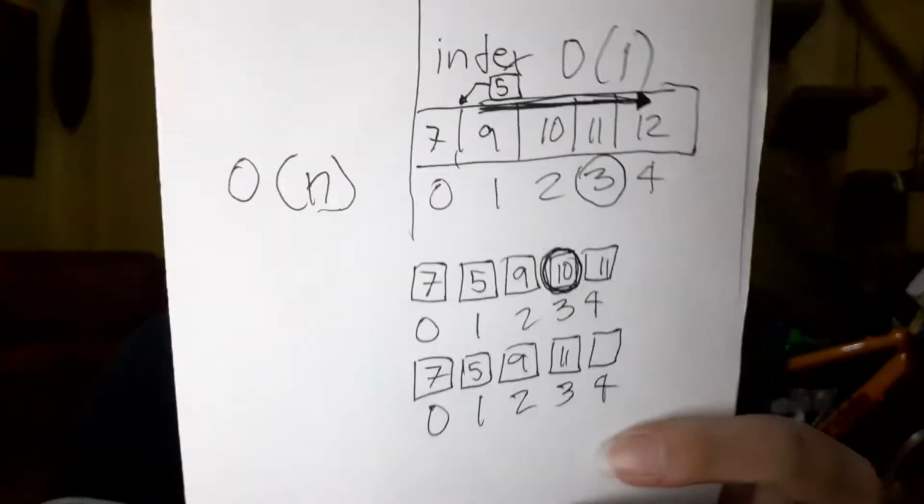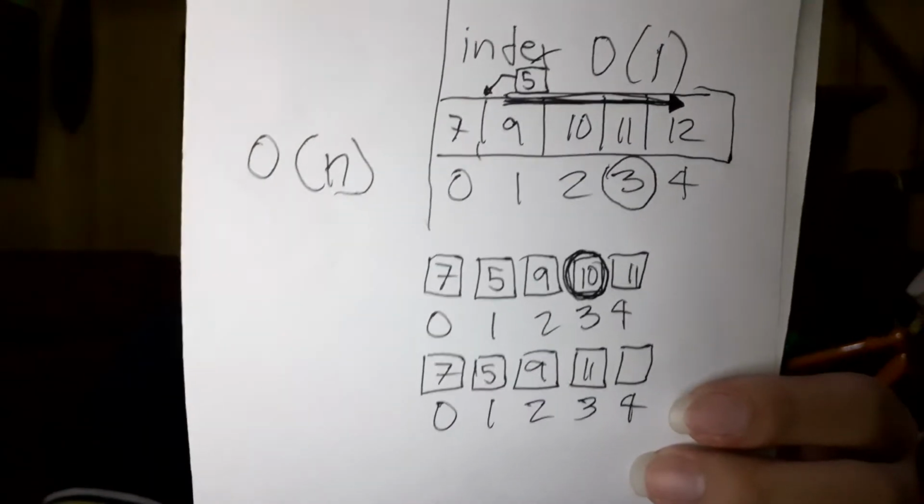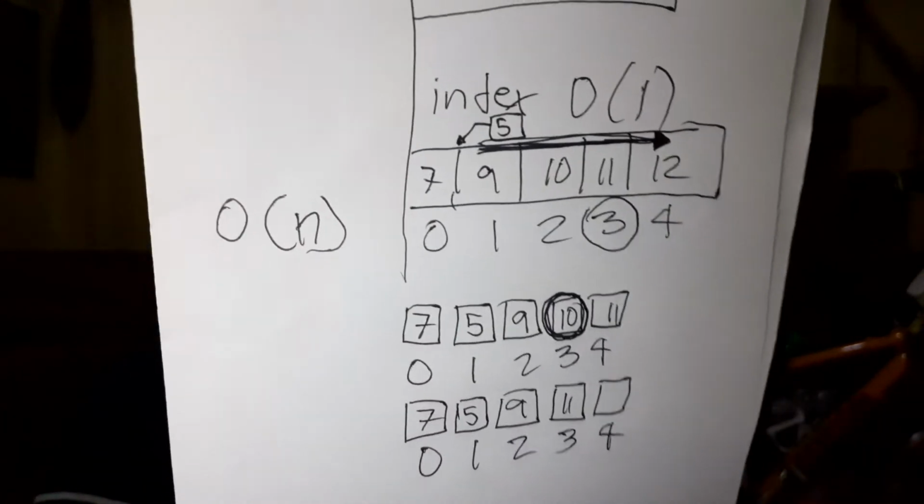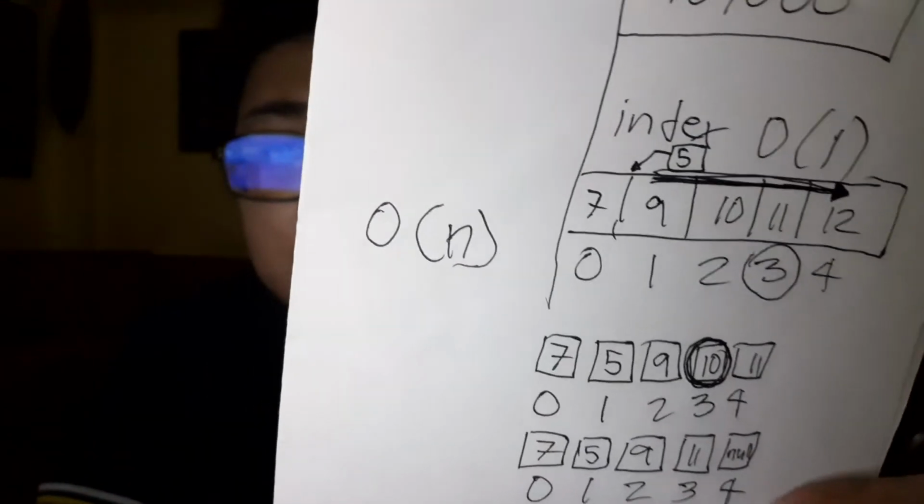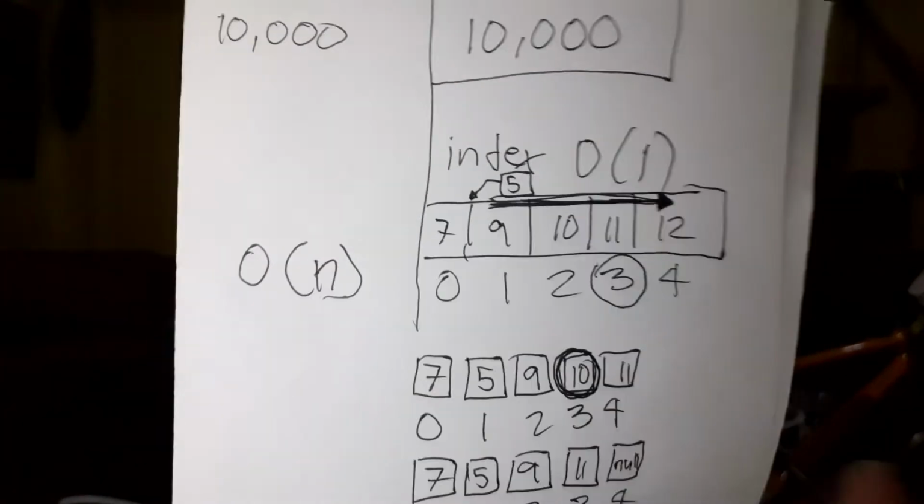This is still index 4, but now we could call that null, because we've just removed that last item, 11. That's called null, the empty square or empty box. So that is what happens when you're inserting and removing items.